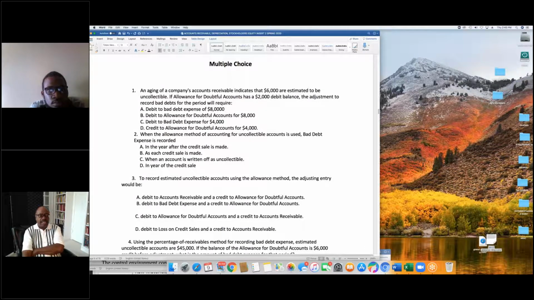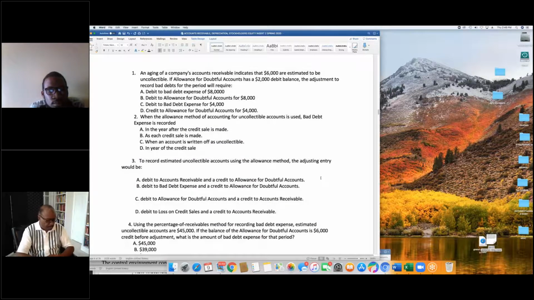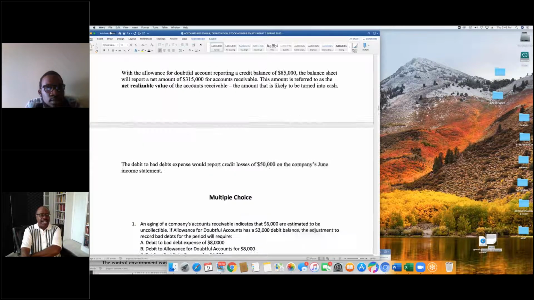To record the estimated uncollectible accounts using the allowance method, the adjusting entry would be? Would that be A? No. It's the same entry here.